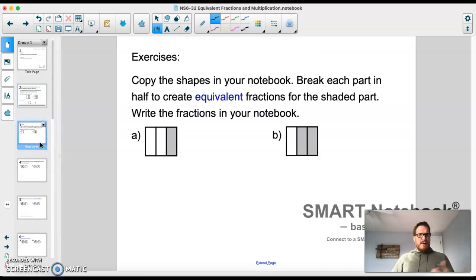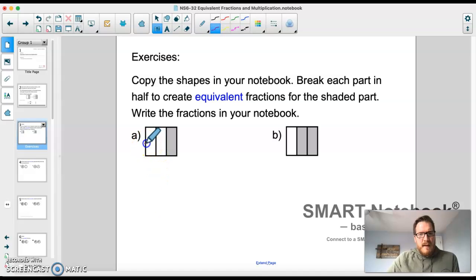You can copy the shapes in your notebook. What we're going to do is break each part in half to create equivalent fractions for the shaded part, and then we're going to write the fractions down. So I'm going to change the color for a quick sec, maybe this color.